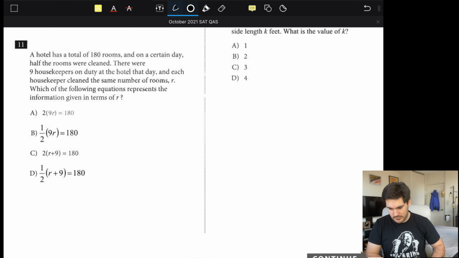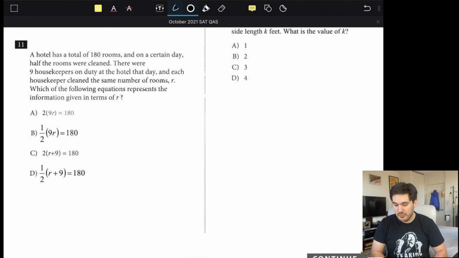Number 11. A hotel has 180 rooms on a certain day. Half of the rooms were cleaned. There were 9 housekeepers on duty, and each cleaned the same number of rooms. Which of the following equations represents the information given in terms of R? Well, we could think of this in a few ways. R is the number of rooms each of them cleans, and they have to clean the same number of rooms.